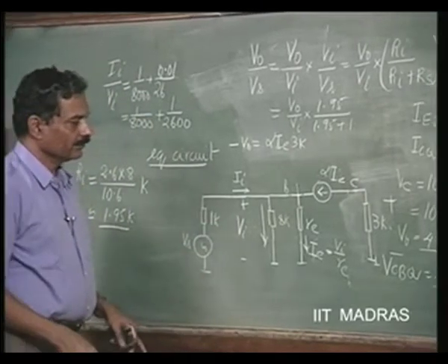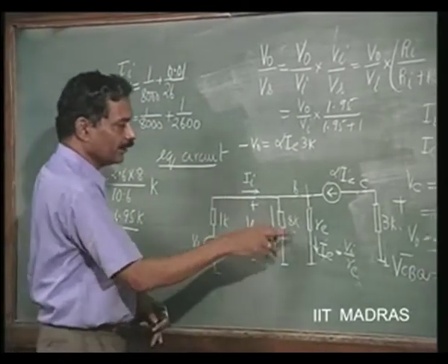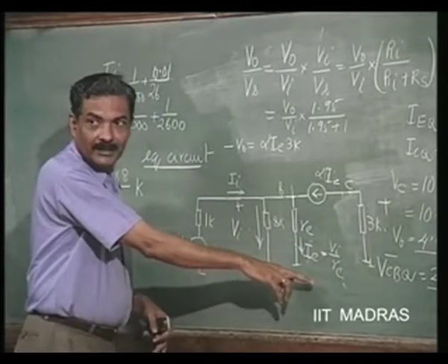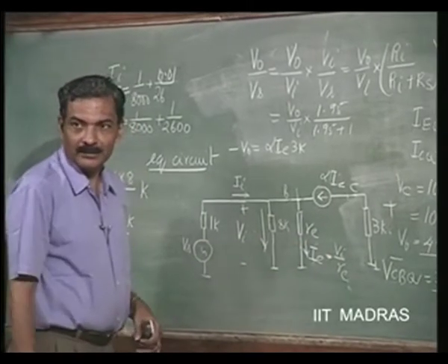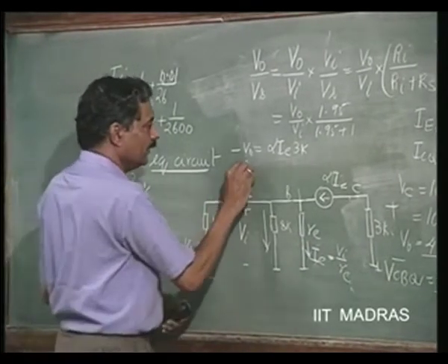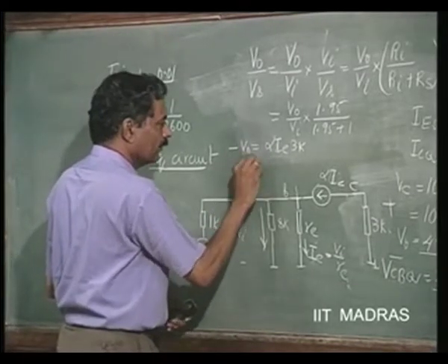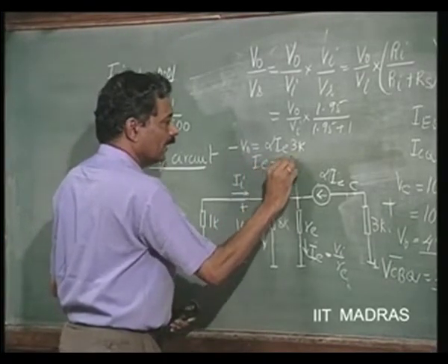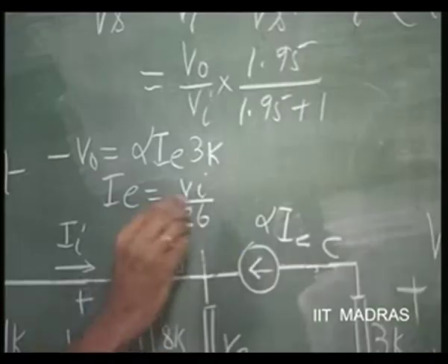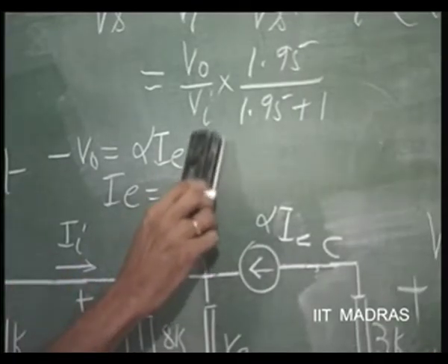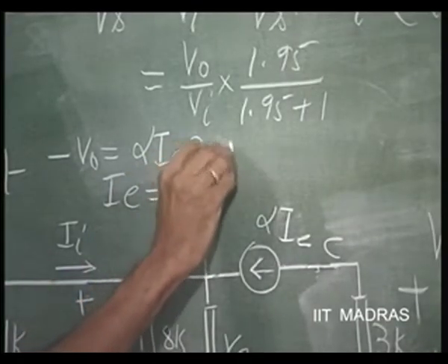And IE is already known as Vi divided by Re. So IE is equal to Vi divided by 26. So this is actually 3K means 3000.